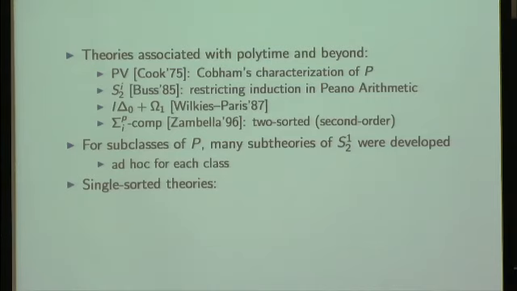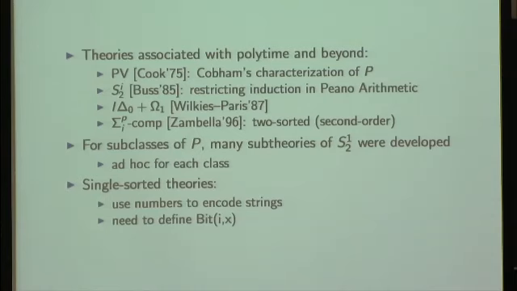For example, to get a bit in the string, the bit predicate needs to be defined. In particular, the built-in integer multiplication function is there in the language. This explains why in some cases, for small classes like AC0 or TC0, the axioms need to be very carefully chosen.